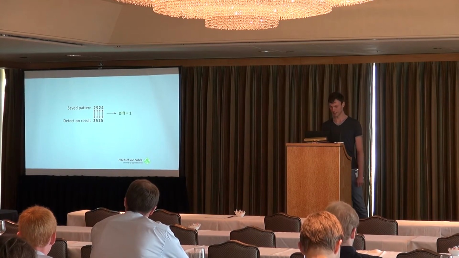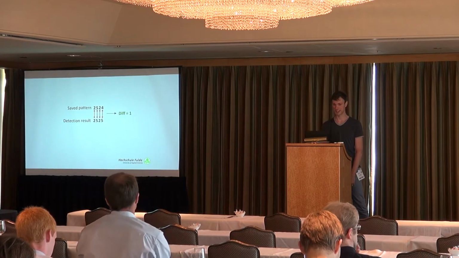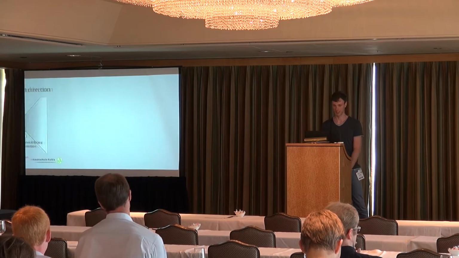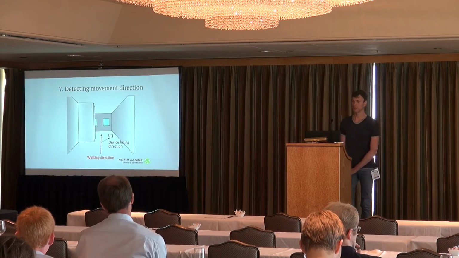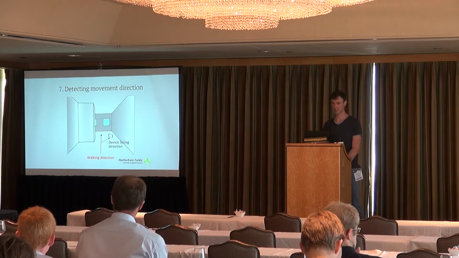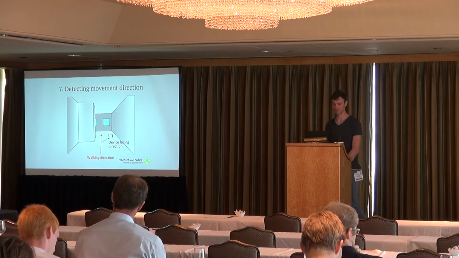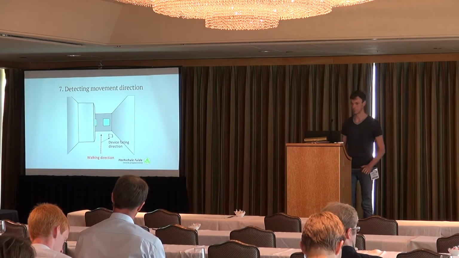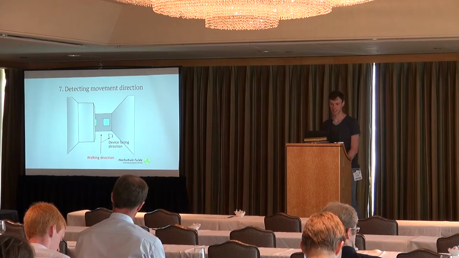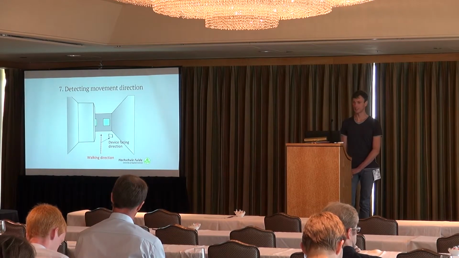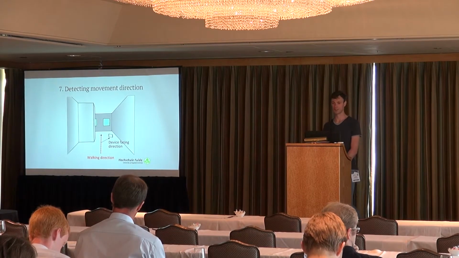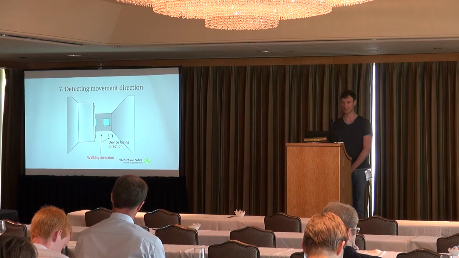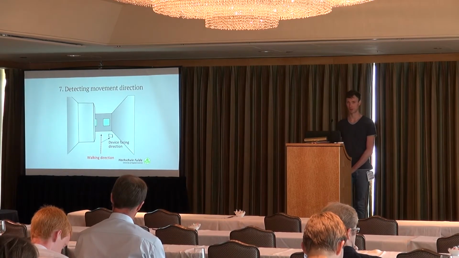After that we can quite surely say if it was a step or not. But there's also still another problem with detecting the movement direction of the device, as the user can still move in another direction than the device is pointing at.